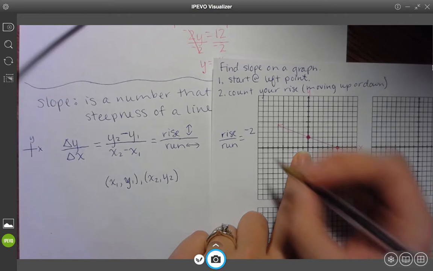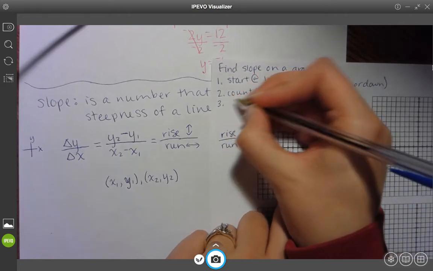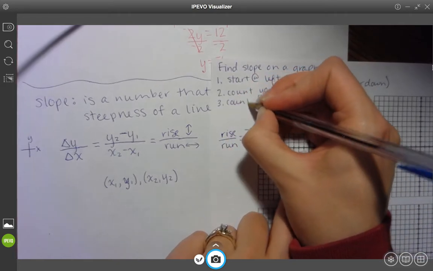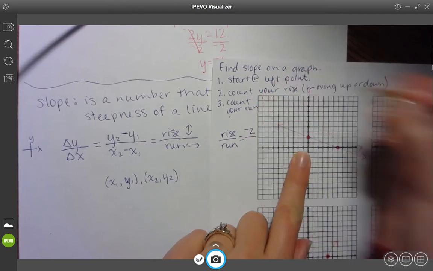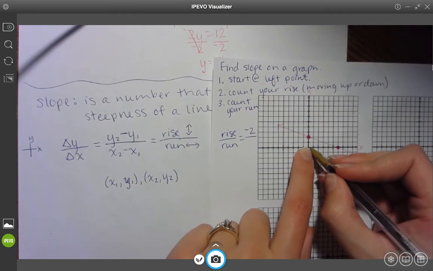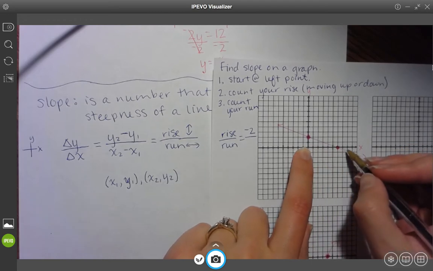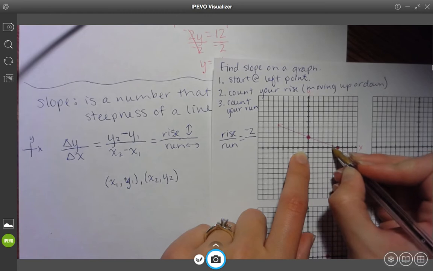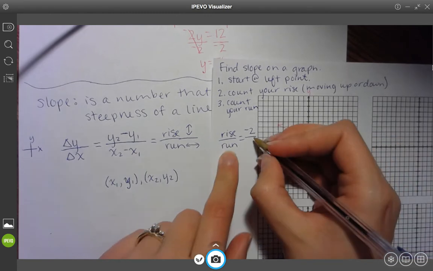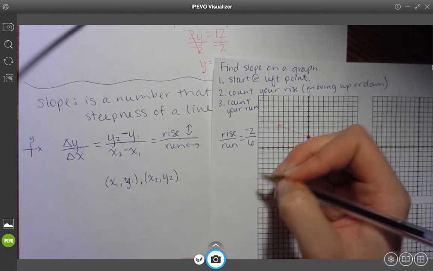Down is a negative. Then I need to count my run. If I start at my leftmost point, it will be moving right, so it'll always be positive. So I go 1, 2, 3, 4, 5, 6. So my run is 6.